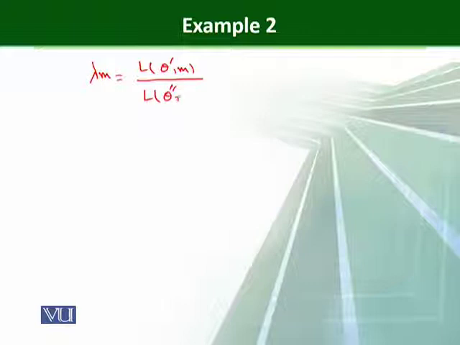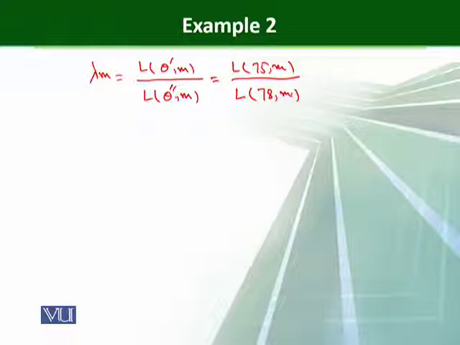In this case, because we know that it follows the normal distribution, for the value under the null hypothesis, that is 75, we write 75 m divided by the alternative hypothesis. For the alternative hypothesis we have theta is equal to 78 into m.